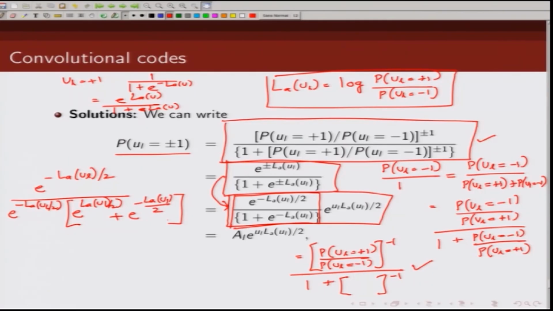So what I am doing here is writing this particular term. So this I can write as this and this, so this cancels out, and this is e raised to the power x plus e raised to the power minus x. This will be cosh of x, and that is a symmetric function. So it does not depend on the sign of u_l, whether u_l is plus 1 or minus 1. So I can then write this in terms of this expression.